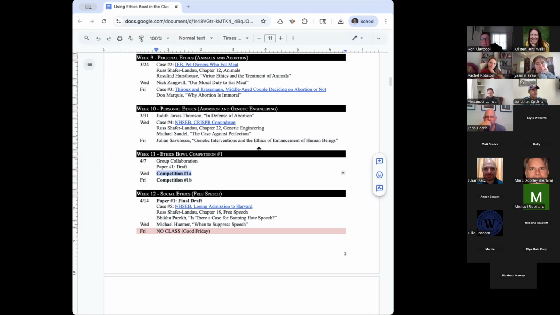Our thought here was that the other students are writing about these topics. They might not be competing in this round, but they're writing about the ethics of eating meat or about abortion. Not all of them, and some of them could be not engaged, but half of them are going to be engaged in one way or another because they're going to have to write about this topic, and it's worth hearing what the people said.